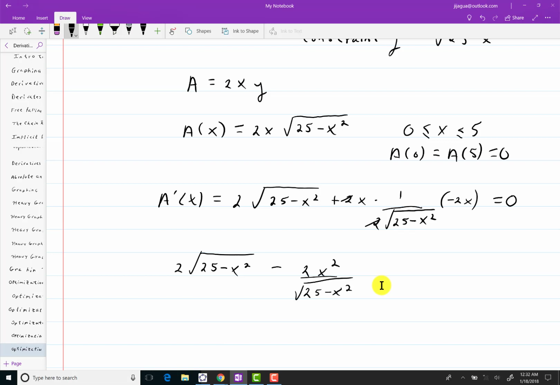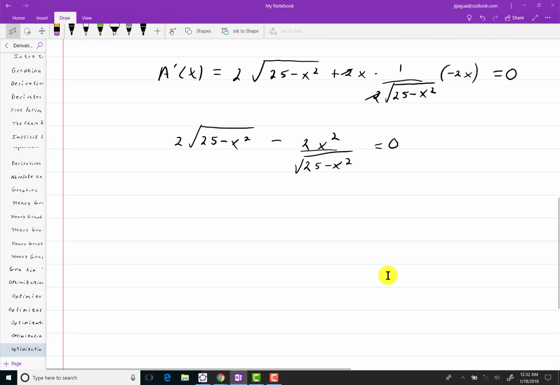And that's equal to 0. And I think I've done this 1 or 2 times before. I'm going to multiply everything by the square root of 25 minus x squared. So if I multiply the whole thing by the square root of 25 minus x squared, let's put big old parentheses around everything to let you know what I'm doing.